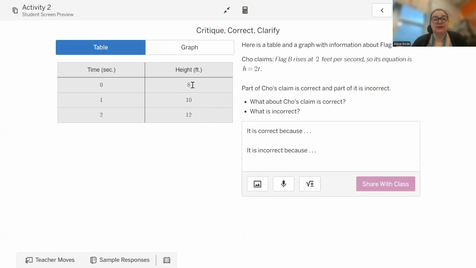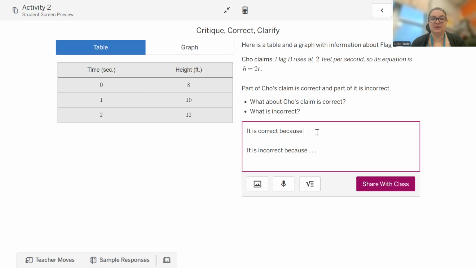But the part that is correct is if we look in the height column, this is going up by 2s. We're going from 8 to 10 to 12 as our seconds go up by 1. So what is correct is that the slope of the line is going up 2 feet per second.